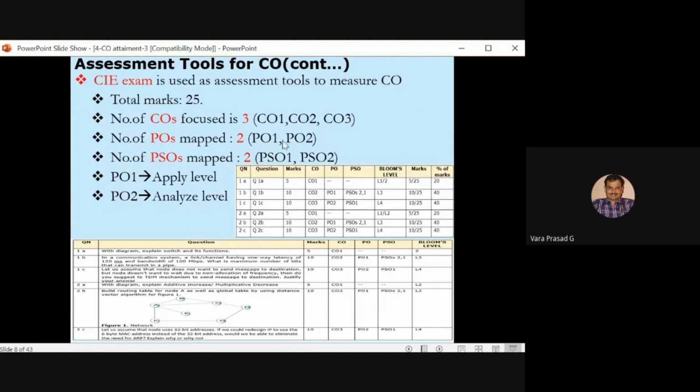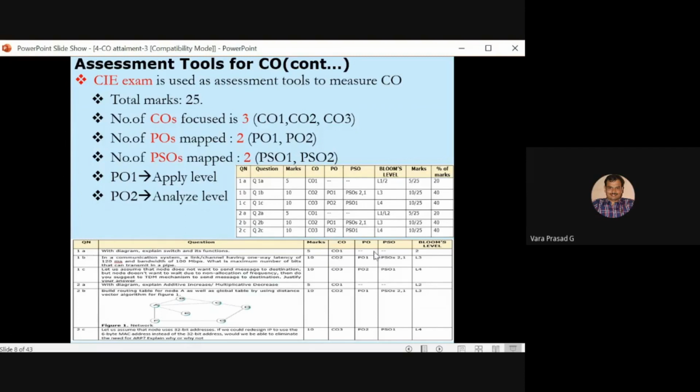Because of question 1 or question 2, a student has to write any one question. Now, how many COs are you targeting here? It is 3 COs: CO1, CO2, CO3. How many POs? PO1, PO2. How many PSOs? It is 2.